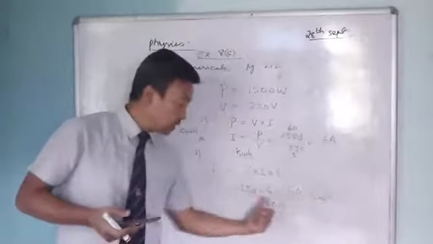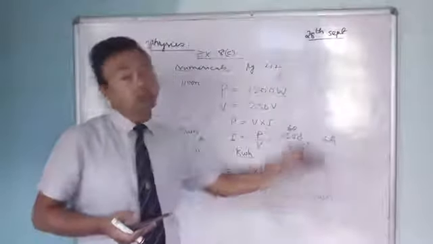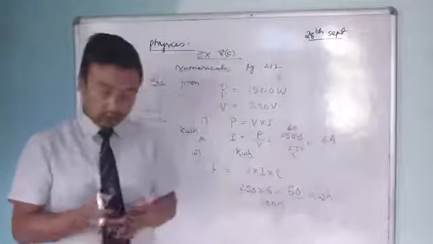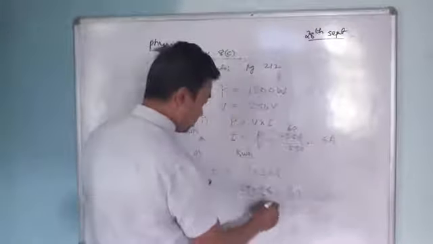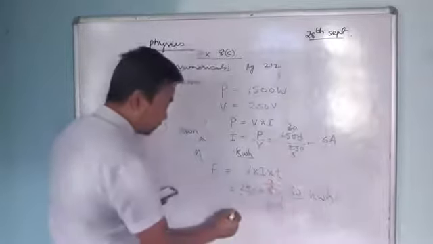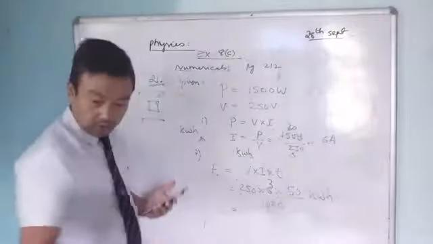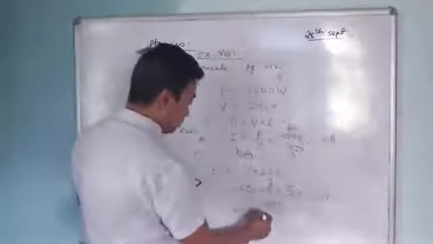But this part is in the SI unit, watt. When you change watt into kilowatt, you have to divide by 1000. So after doing the division, if you multiply this, it will be 75 kilowatt hour.